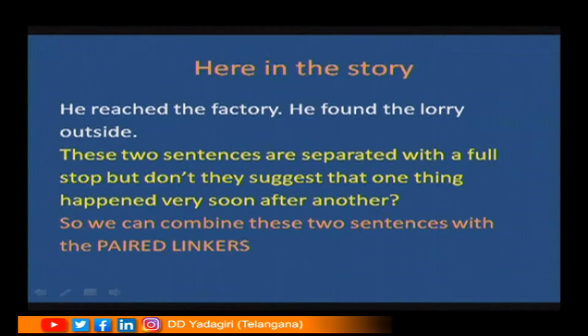But don't they suggest that one thing happened very soon after another? So we can combine these two sentences with the paired linkers. In today's class, we will be learning how to combine the sentences using the paired linkers.